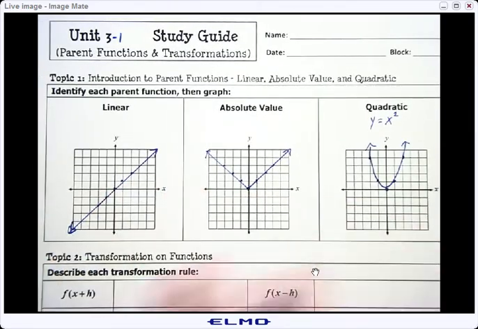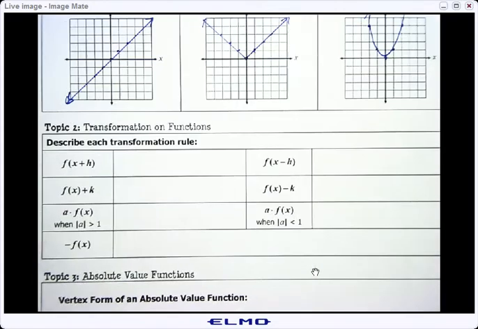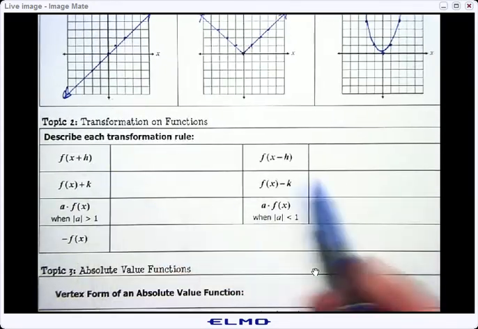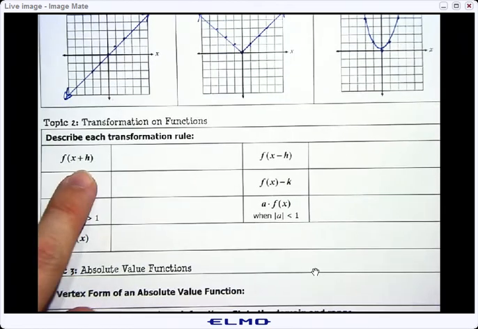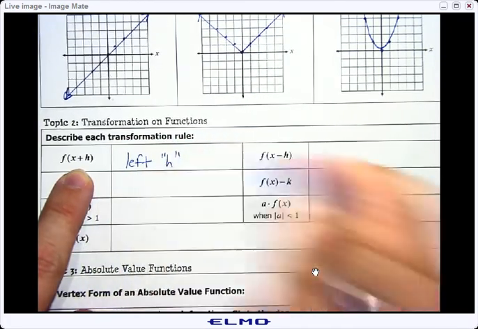This is just memorization, knowing what they look like on a graph. The transformation rules, what you're doing here is just describing how each of these things affect the parent graph. So adding an h to the x, that's going to move you to the left by h.